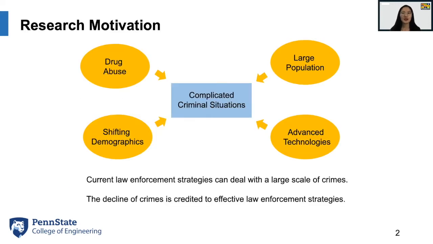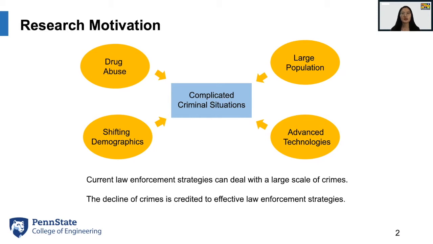As the complexity and the challenge of the world grow, drug abuse, large population, shifting demographics, and advanced technologies bring more complicated criminal situations. Current law enforcement strategies can deal with a large scale of crimes.